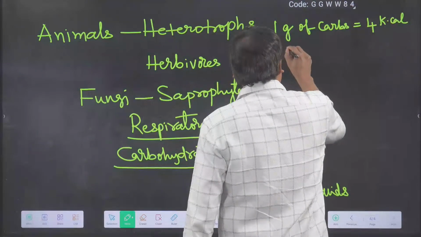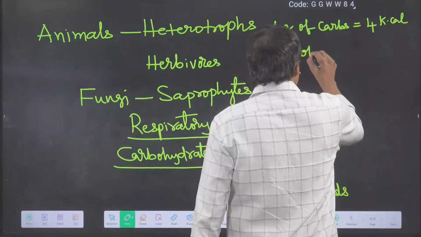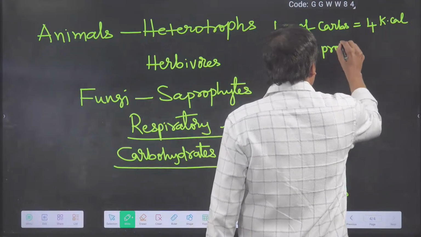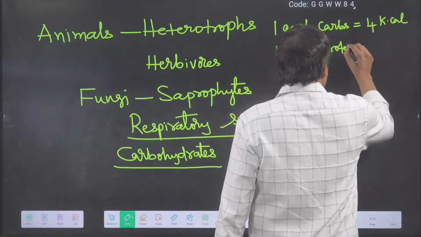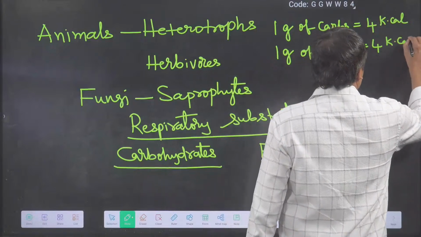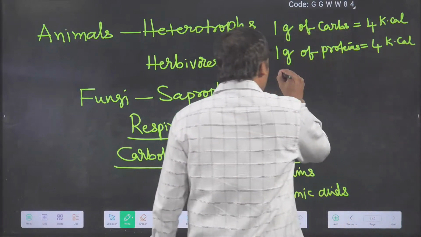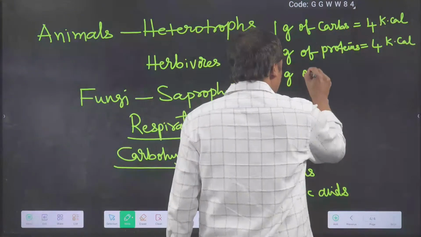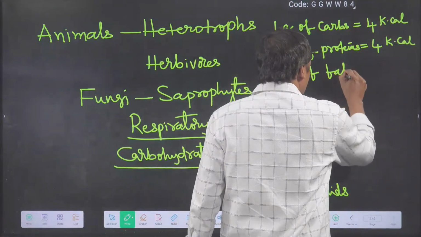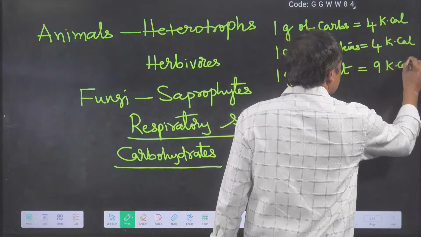Similarly, 1 gram of protein also yields approximately 4 kilocalories. But 1 gram of fat yields 9 kilocalories.